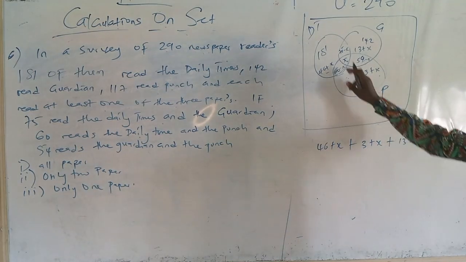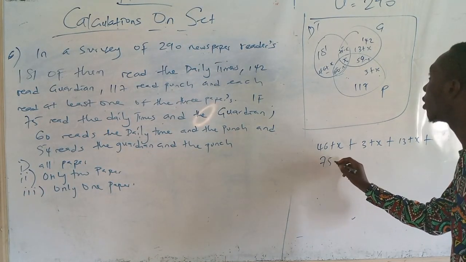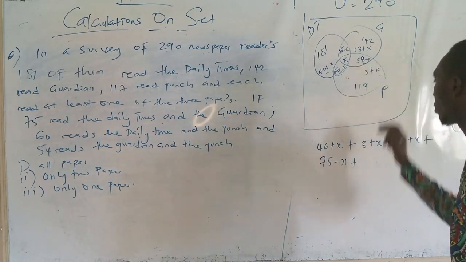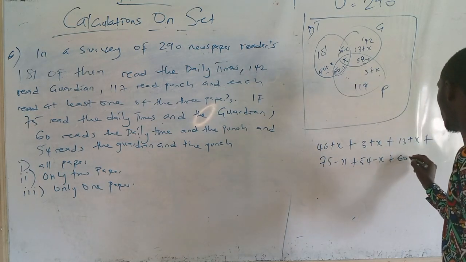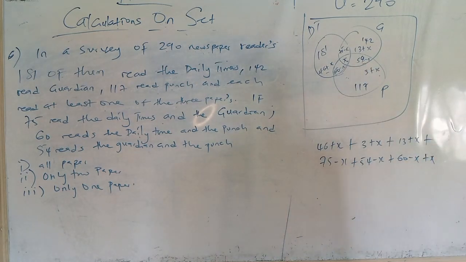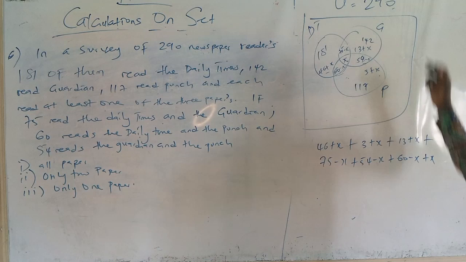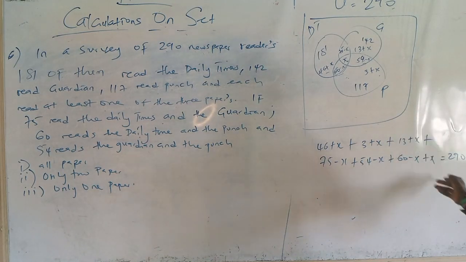Now plus add it to the what? Double ones: 75 minus x, plus double 54 minus x, plus 60 minus x. Now add it to the triple plus x. Now that all equates to what? 290. Because that's the totality of all the values here.